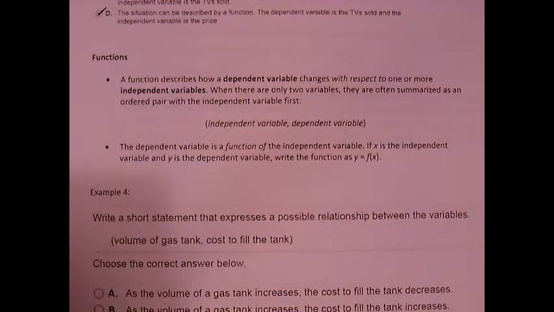Alright, next we'll talk about what functions are. A function describes how a dependent variable changes with respect to one or more independent variables. When there are only two variables, they are often summarized as an ordered pair with the independent variable first.